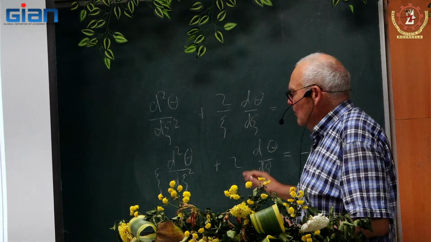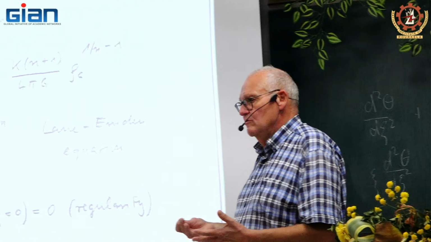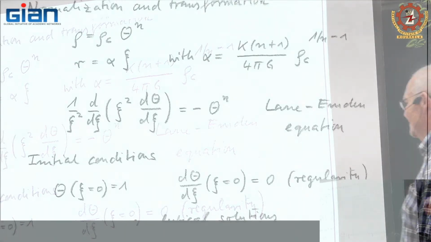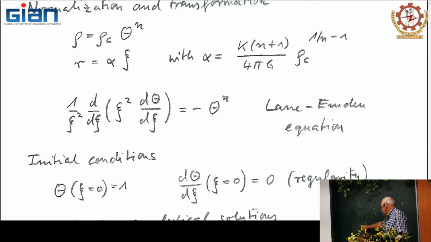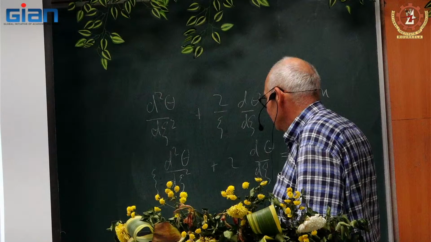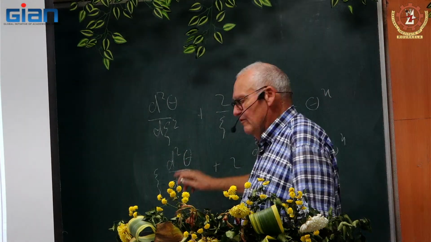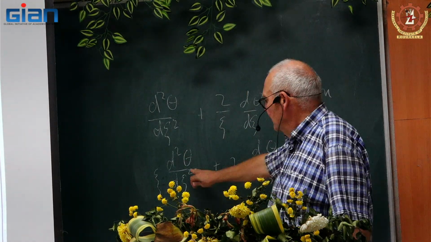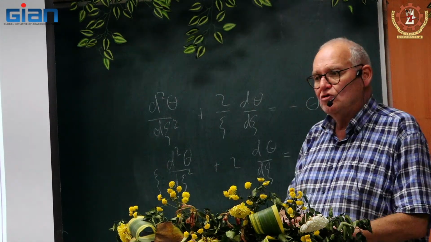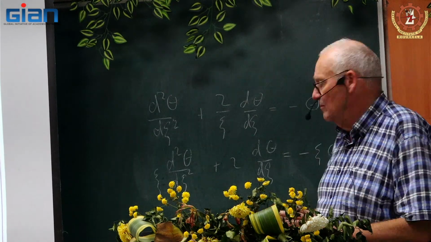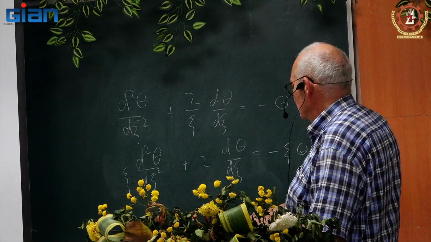So we have to exclude those solutions which diverge at psi equal to 0. Psi equal to 0 is where the coefficient of the highest derivative vanishes. If we want a finite solution, then the second derivative of theta should not become infinite, and theta itself should not become infinite.